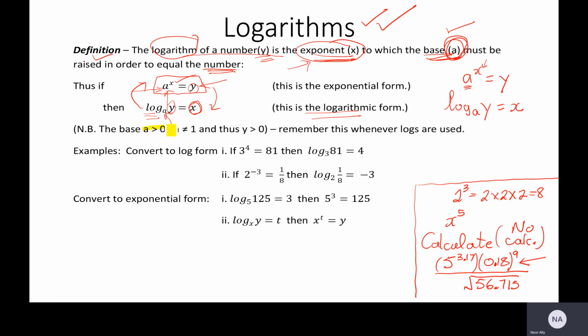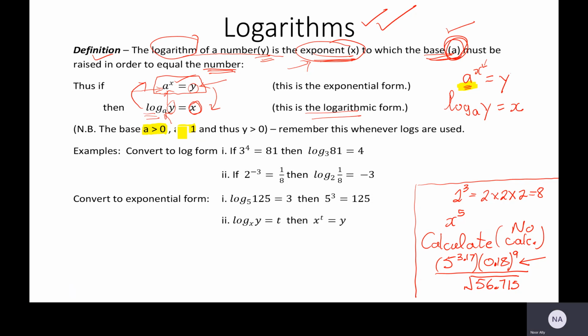The base A must be greater than 0. So with the mathematics and with the concept that we deal with here, that base, we're always going to take a positive base. We could take a decimal. We could have a fractional base. Like that A could be a half, that A could be 0.5. Yes, that's fine. However, we must choose a positive base.